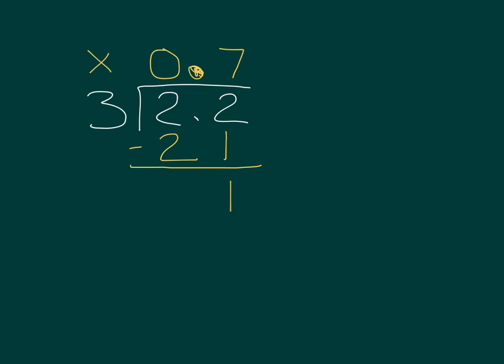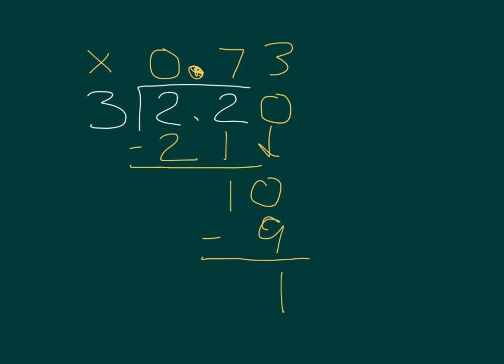I just add a 0 and bring down my 0. Now, I'm in business again. 3 times what equals 10? Well, I know that 3 times 3 equals 9. So write my 9. 10 take away 9 equals 1. All right, fantastic.